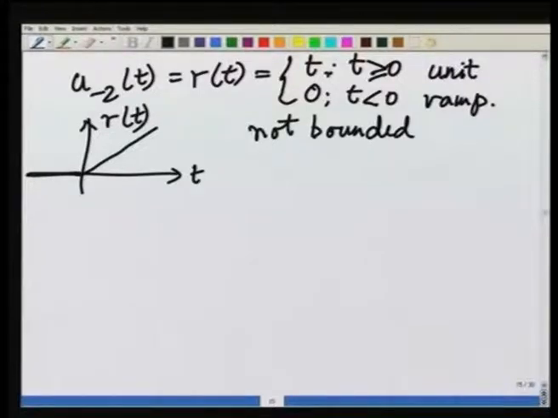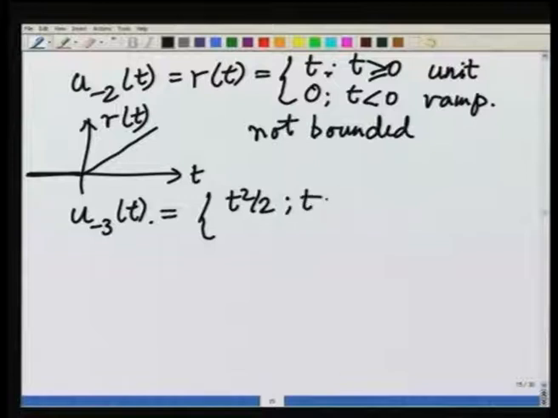We can go further in this family and plot u minus 3 of t. u minus 3 of t does not have any name, and it is not frequently used. So, I will just define it. It is equal to t squared by 2 for t greater than or equal to 0 and 0 for t less than 0.